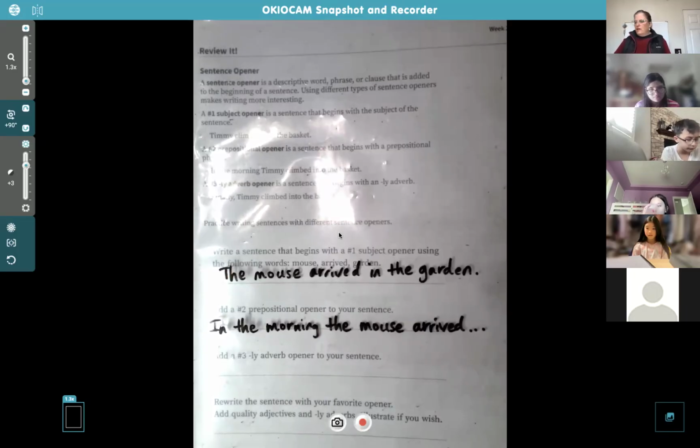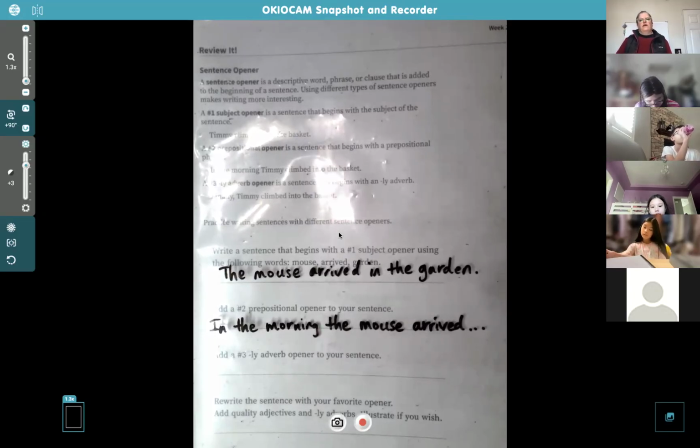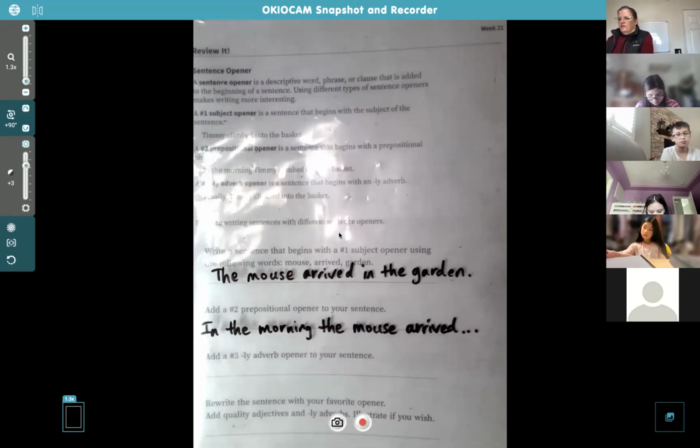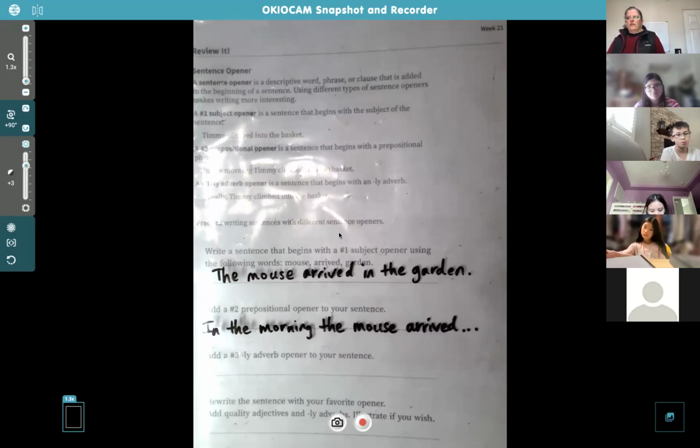How about an ly adverb? Somethingly, the mouse arrived in the garden. What about an ly opener? Anybody have a good one for that? Somethingly, the mouse arrived in the morning. Could be excitedly, the mouse arrived in the garden. Hungrily, the mouse arrived in the garden.